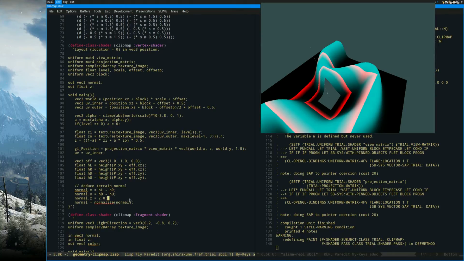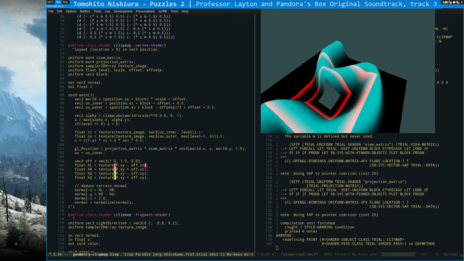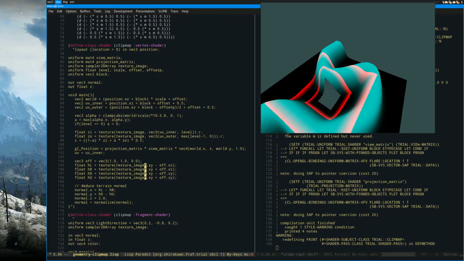Okay, that's... what kind of offset is that? It's like the entire texture.